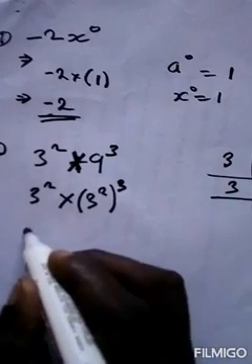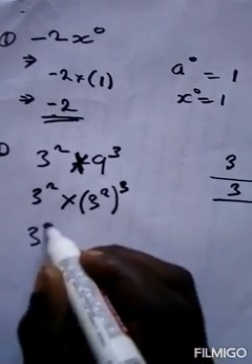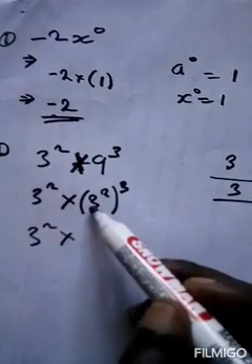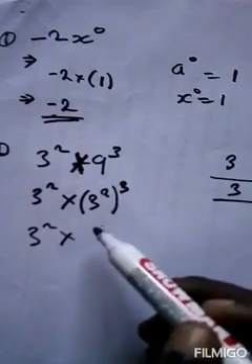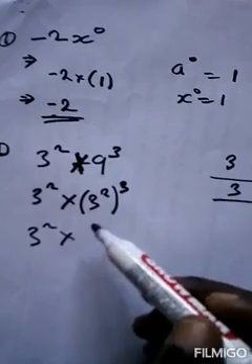So which rule can we use? According to this 5th rule, if you watched the first part of indices, we have 3 to power 2 multiplied by 3 to power 2, then in brackets to power 3. Here these 2 powers, according to the 5th rule of indices, they are multiplied.